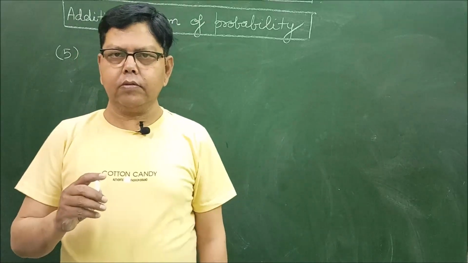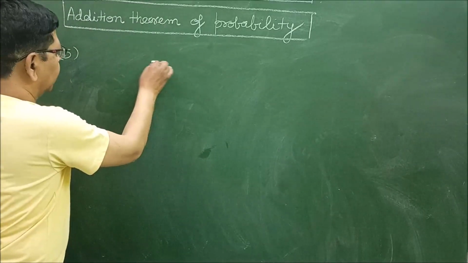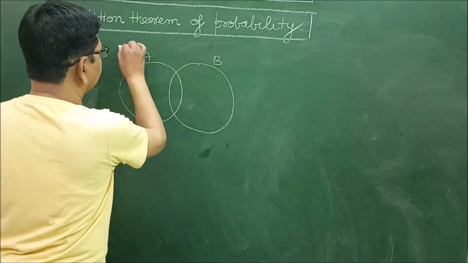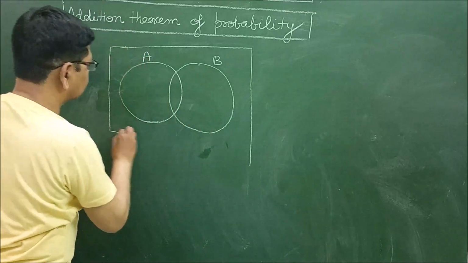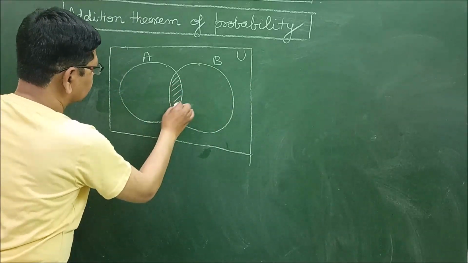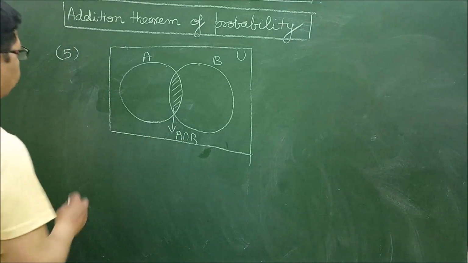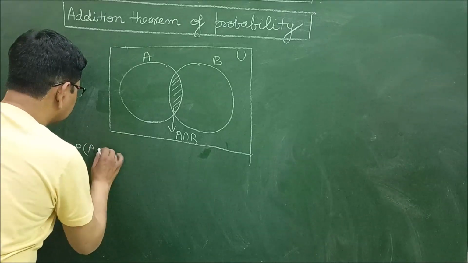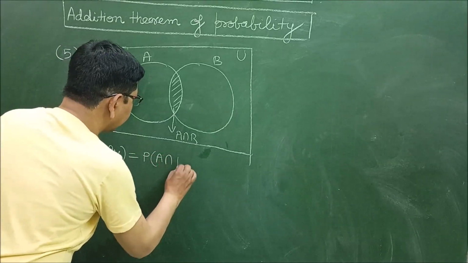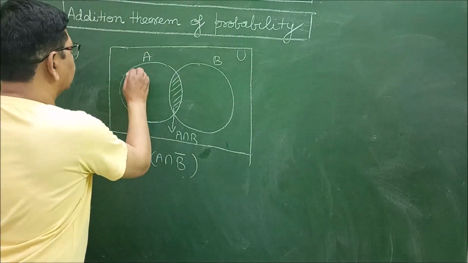Now if A and B are two events associated with a random experiment, then the probability of A only, that is probability that A happens but B does not happen.